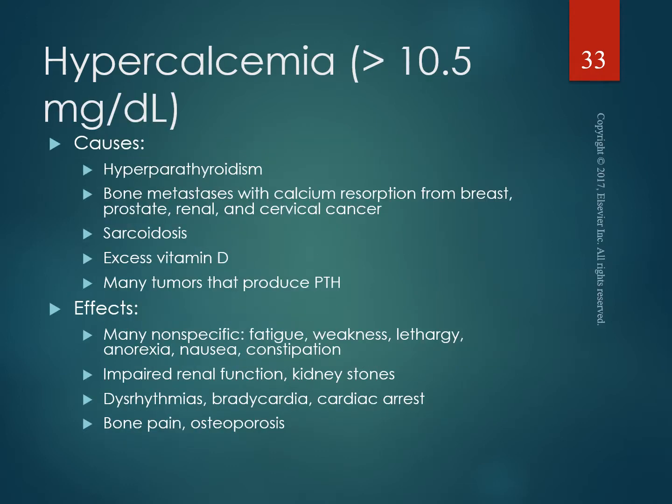Hypercalcemia is serum calcium levels greater than 10.5 milligrams per deciliter. Causes can be hyperparathyroidism, bone metastasis with calcium reabsorption from breast, prostate, renal, and cervical cancer, sarcoidosis, and excessive vitamin D intake.